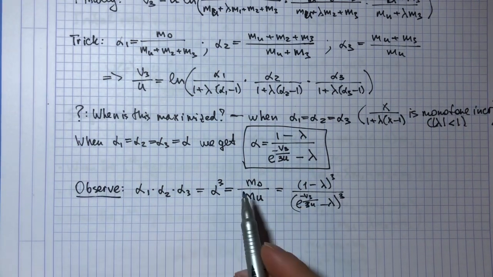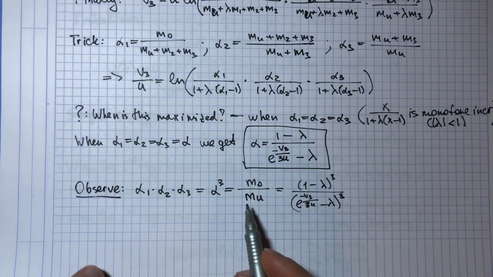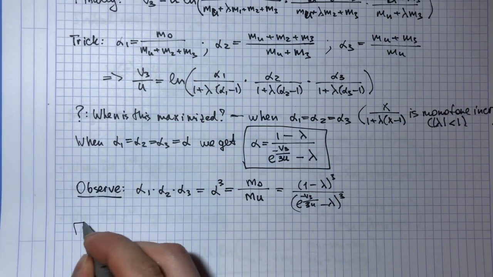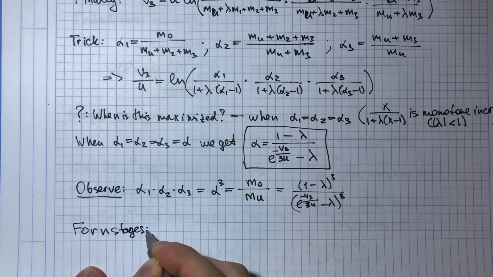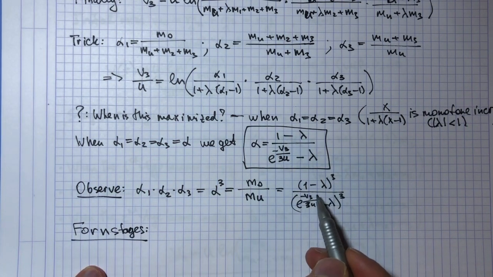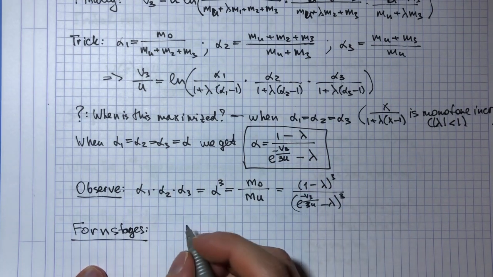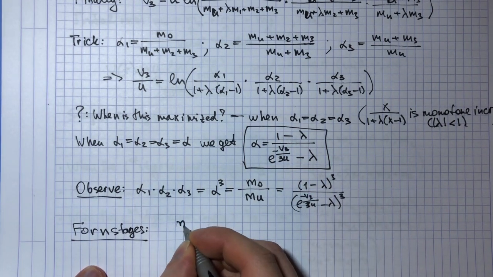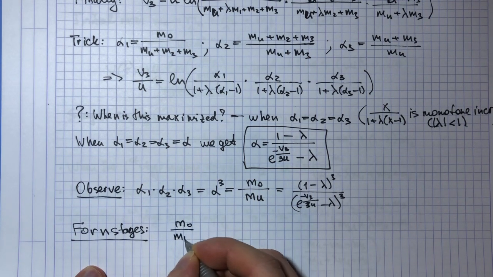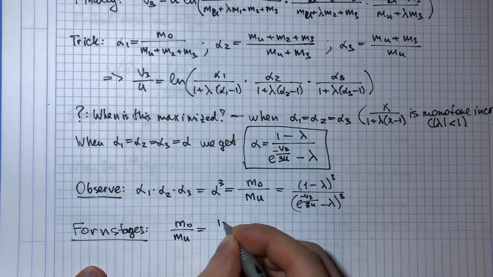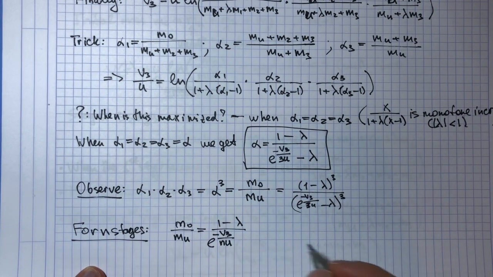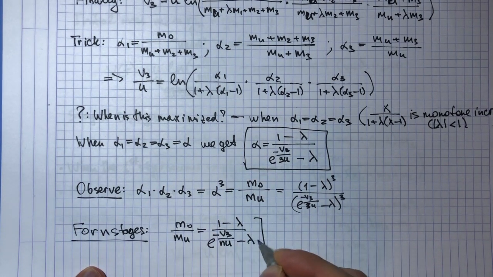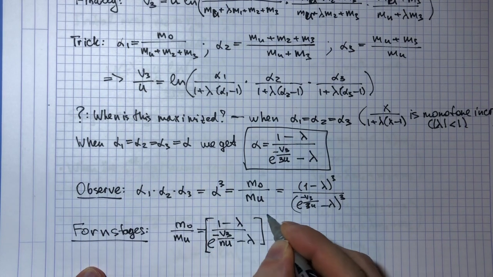Now, we did our calculation for a three-stage rocket, but generally for n stages, the result is just the same with a different exponent. We will have that m naught over useful mass is 1 minus lambda over e to the minus v3 over nu minus lambda, all to the power n.